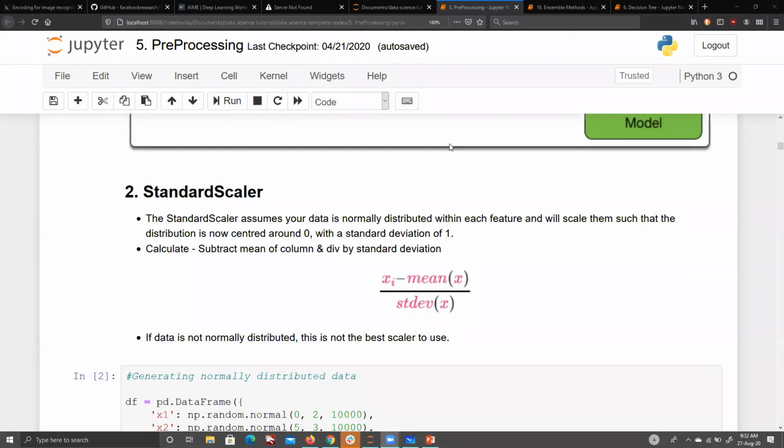Anyone? What would be the range of outcomes, if I may ask? I think Sweta has got the right answer. Anyone else?